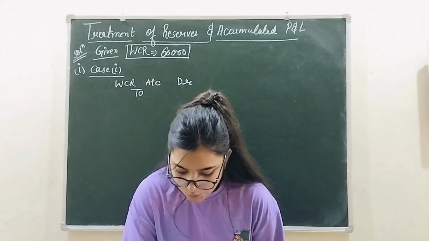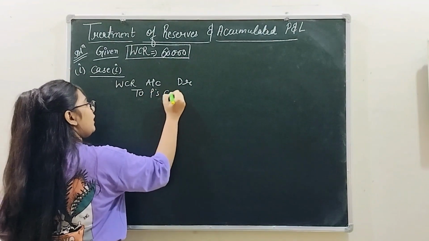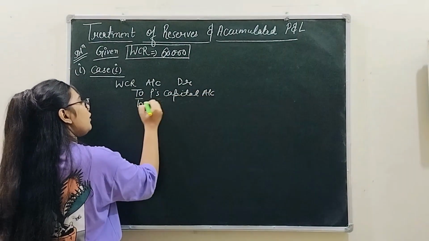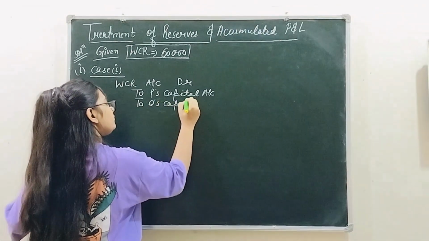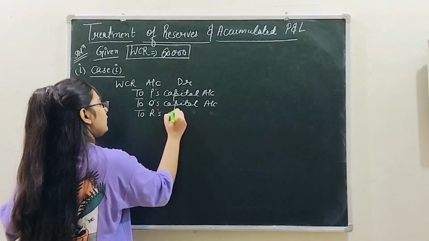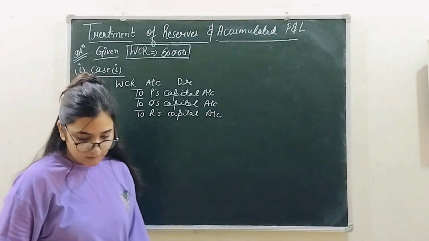तो आपके पार्टनर्स कौन हैं? P, Q and R. So you are going to write to P's capital account, to Q's capital account, and to R's capital account. Right?